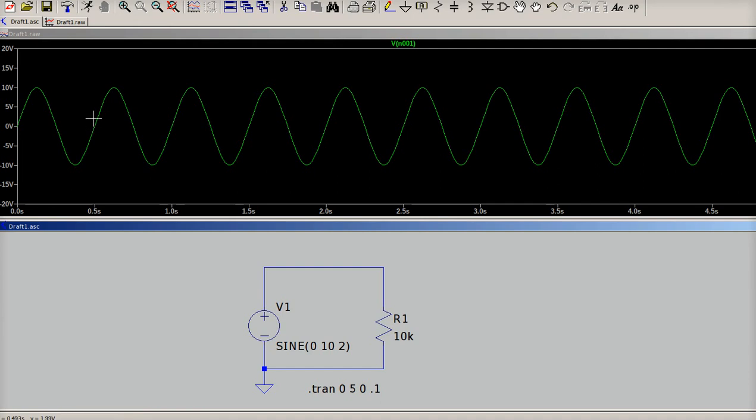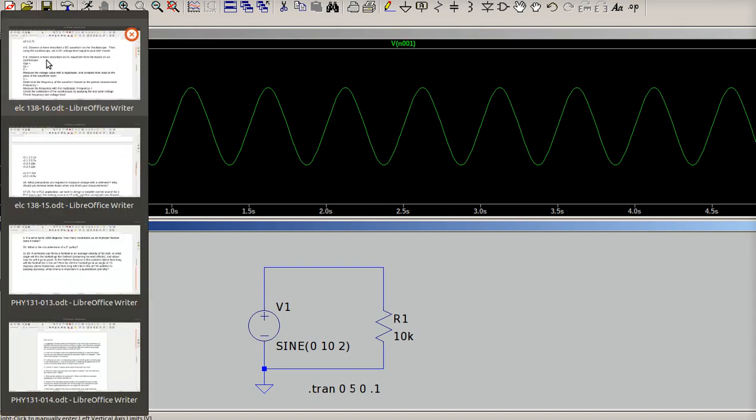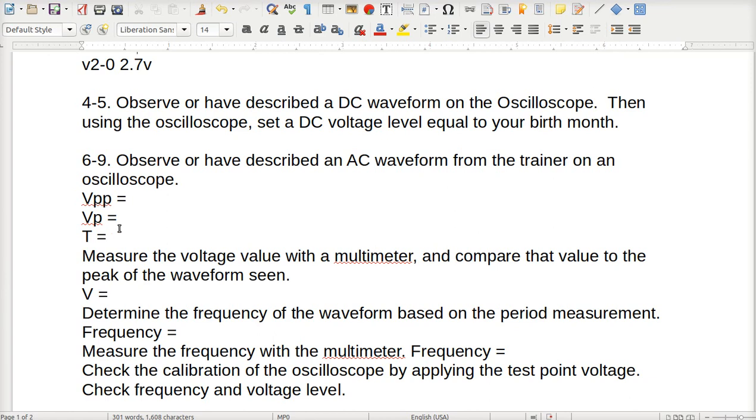You always need to get your period into a value of seconds. A lot of times in a signal that you typically see in AC, you will be in milliseconds or microseconds. And that's why we started out with the conversions, because we want to get back to seconds. Because if we get back to seconds, then what we'll find out is our frequency of the waveform is 1 over the period.